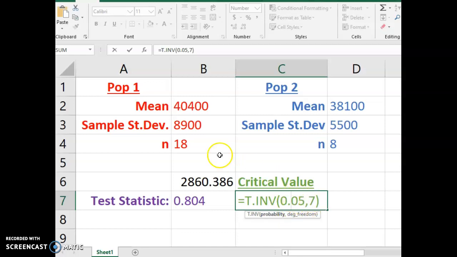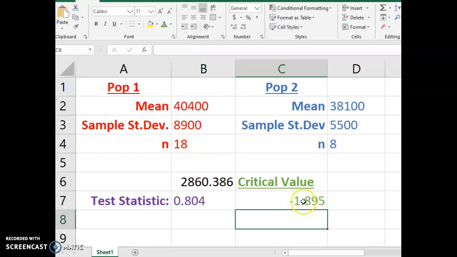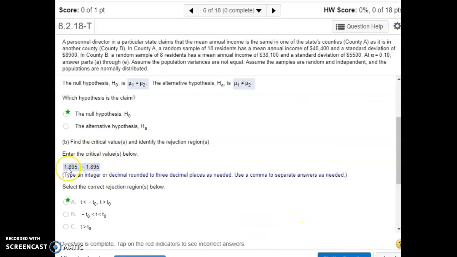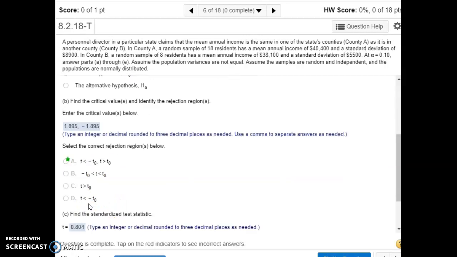And our degrees of freedom, 1 less than the sample sizes would be 17 and 7. 7 is smaller, so that's our degrees of freedom. That's our critical value. And so the negative and positive of that, because it's a two-tailed test, and if you're less than the negative version or greater than the positive, you're further into the tails, you're in the rejection region.